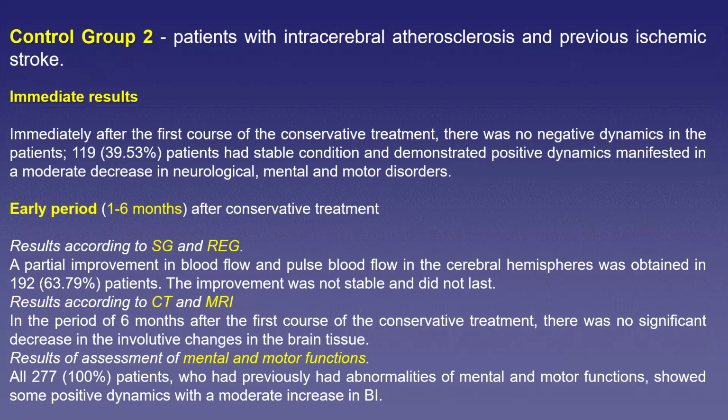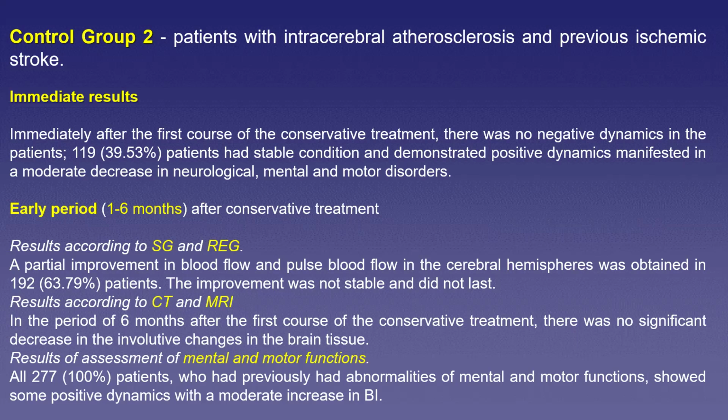During the early period of 1 to 6 months after this conservative treatment, according to SG and REG, a partial improvement in blood flow and pulse blood flow in the cerebral hemisphere was obtained in 63.79% of patients. The improvement was not stable and did not last.